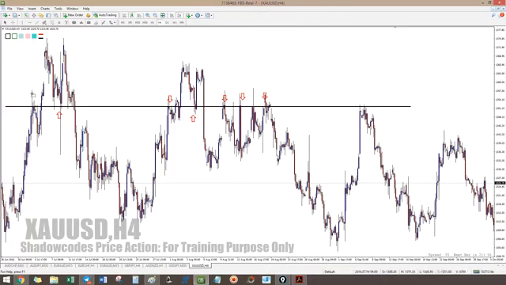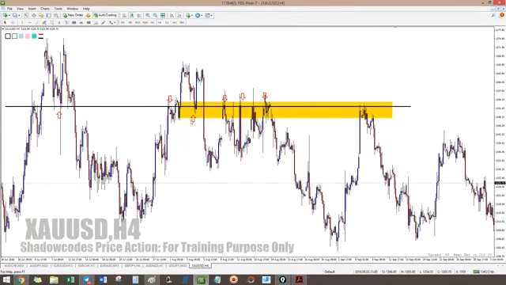So you can mark this higher shadow from the first start here until up here. Or you can take this whole shadow until up here. Or you can take the places where there is a body breaking this level that you already drew.